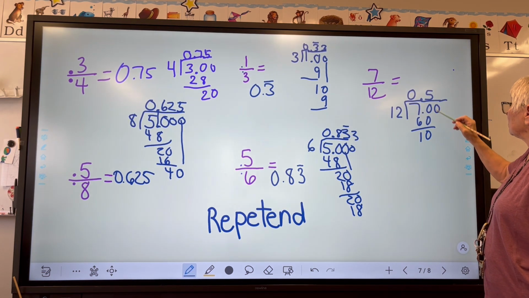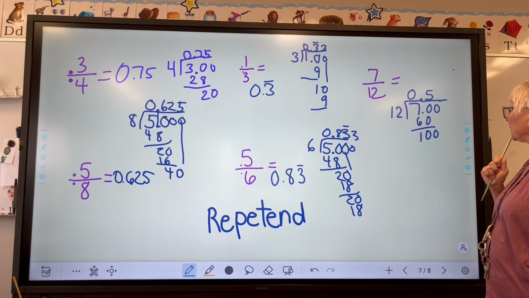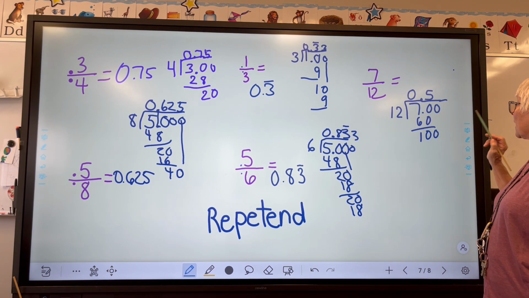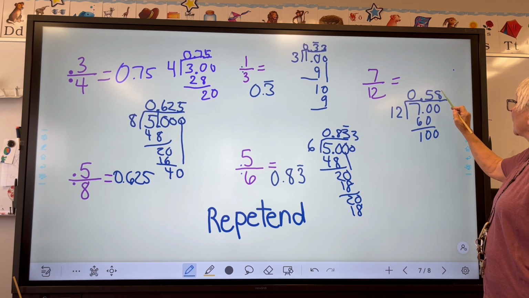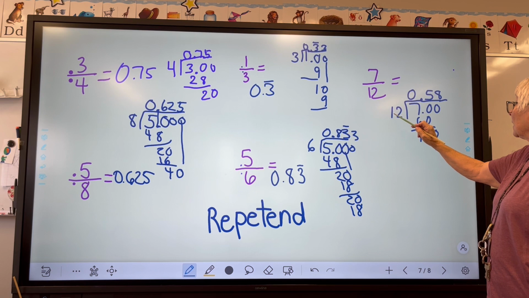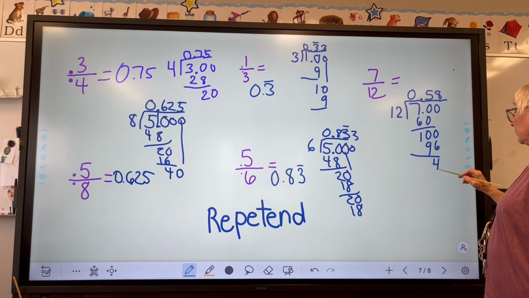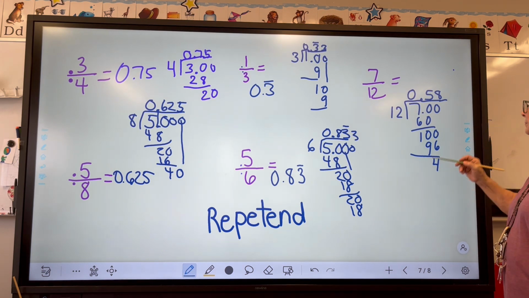Add a 0. Bring it down. 12 goes into 100. I think it's 8. Let's try 8. 8 times 2 is 16. 1 times 8 is 8, 9. So that's correct. Now there's a 4.